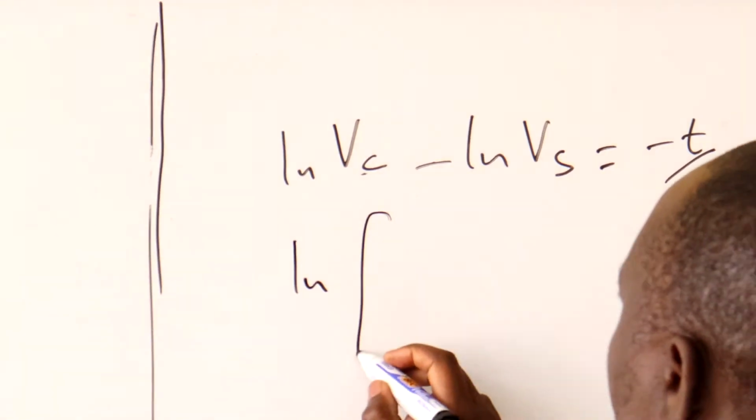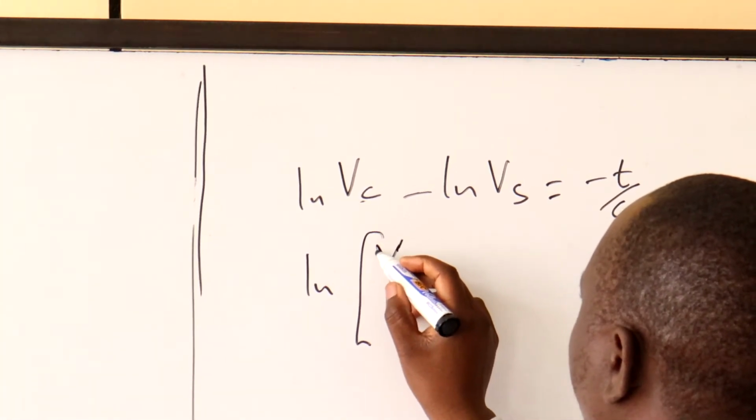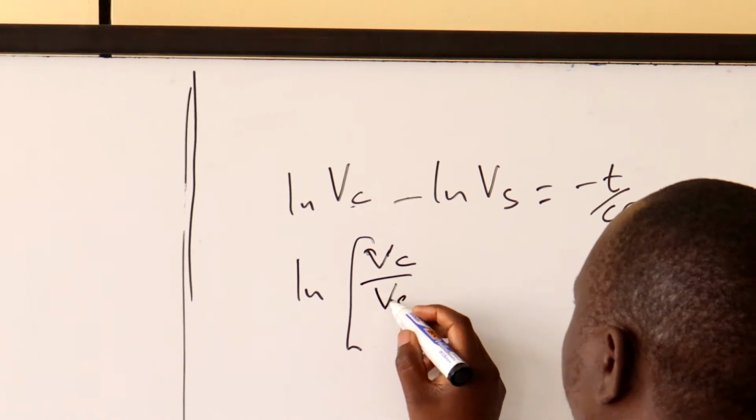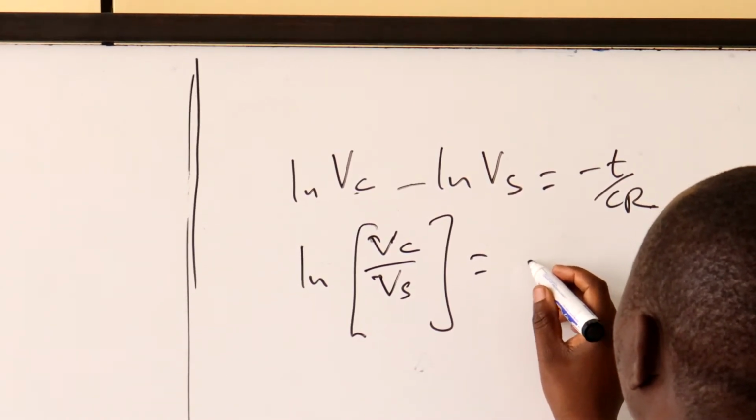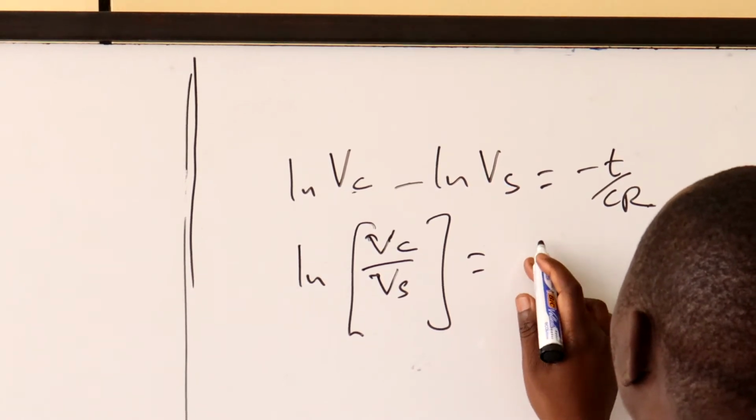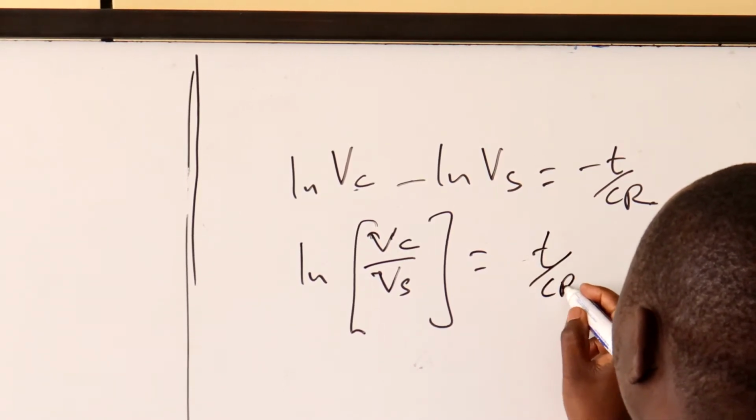So ln of VC over Vs is supposed to be minus t over CR.